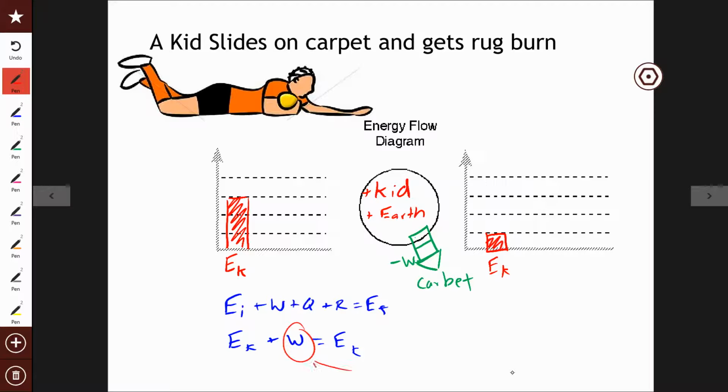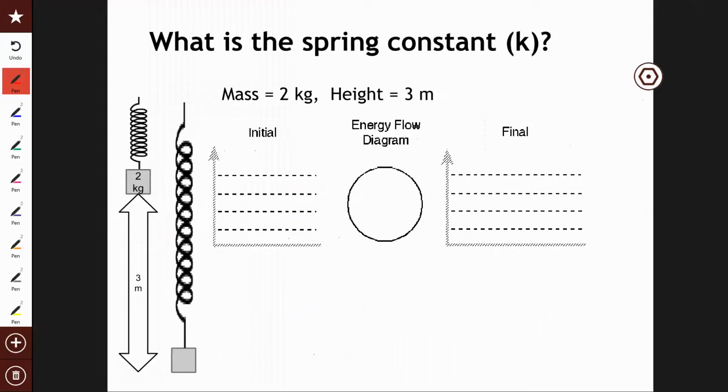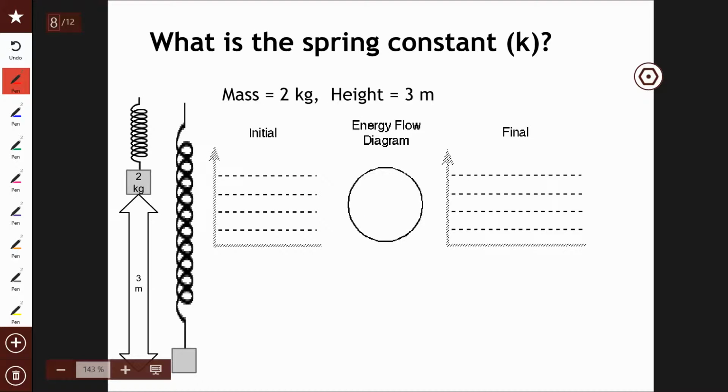And then we note that this is negative working. Because what does negative working tell us again? Energy's being taken out of the system. Energy is transferred out of the system. If energy is transferred out of the system, then that means that our final energy must be less than our initial energy. So now we're going to actually talk about solving problems with this stuff.